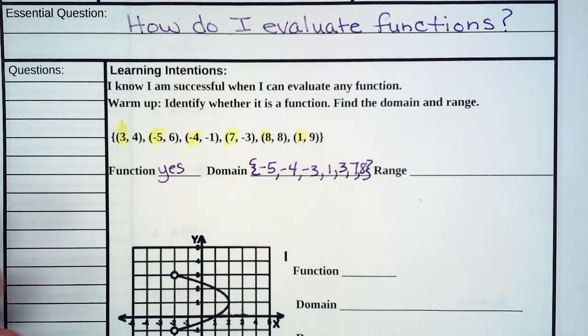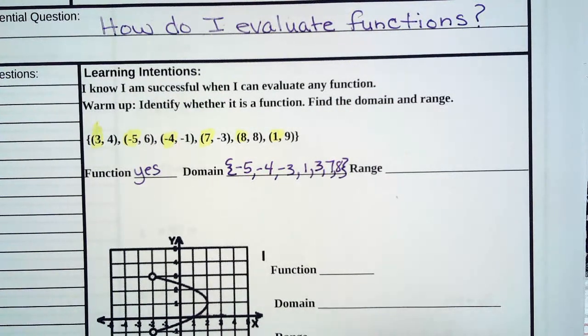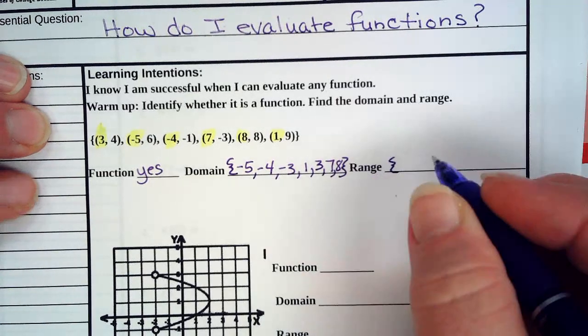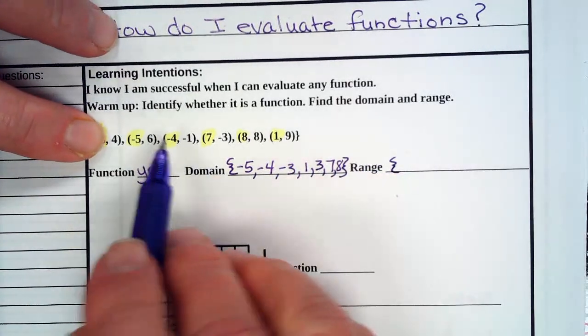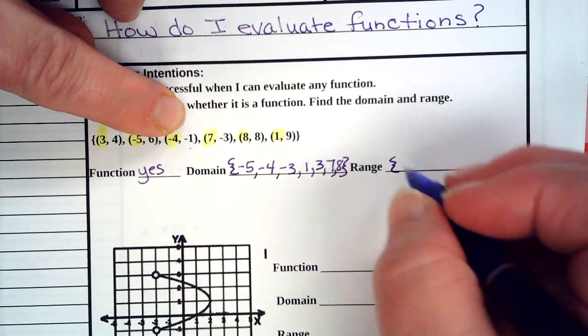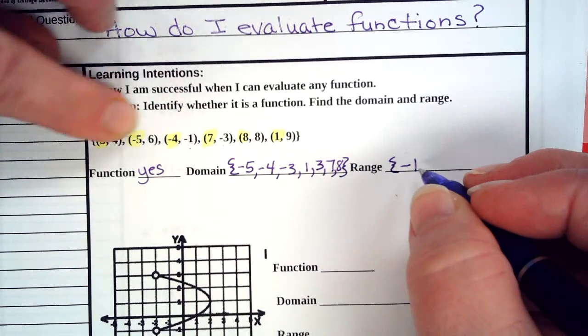What about the range? The range is all the numbers that are the output, the y values. So this would be 4, 6, -1, -3, 8, 9. So -1.